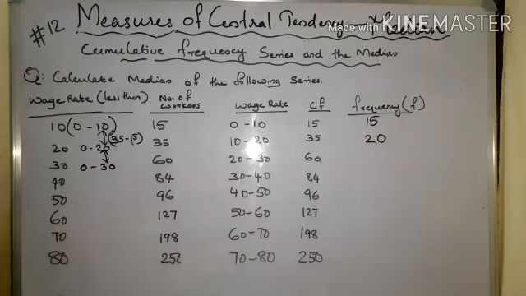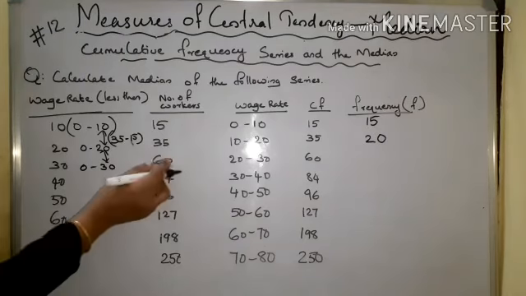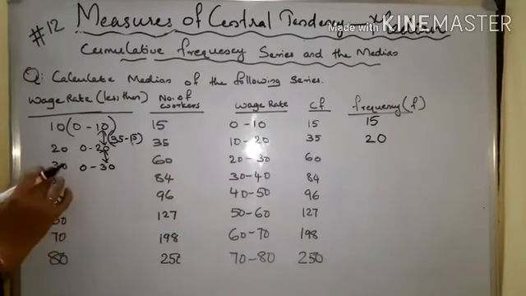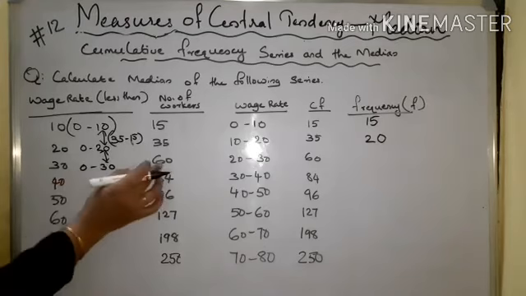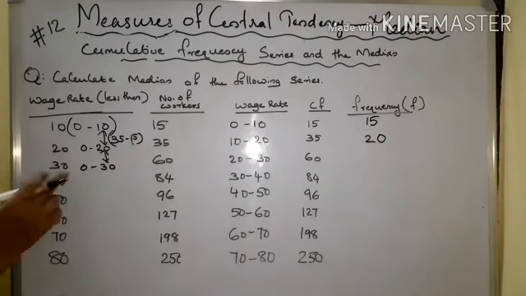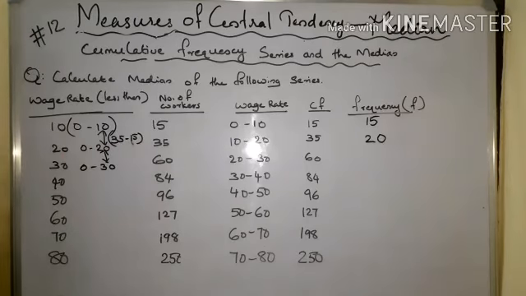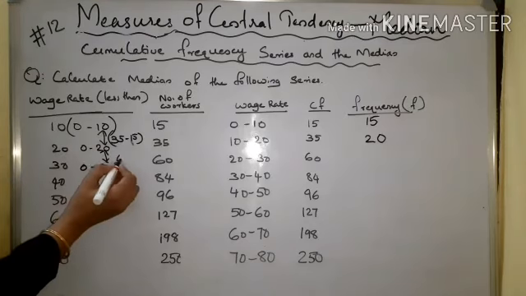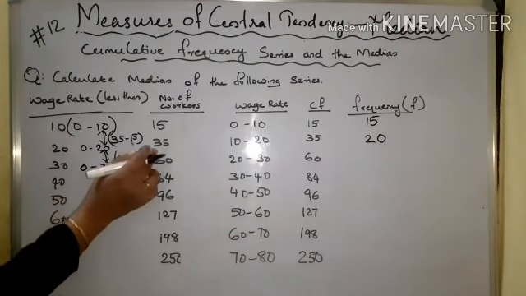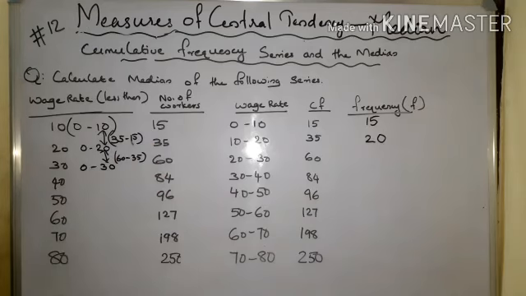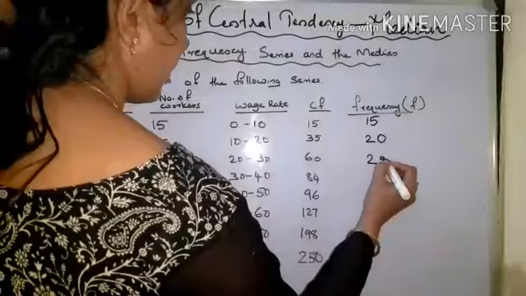We know 0 to 20 is 35. So 20 to 30 means 60 minus 35, which is 25. So the frequency is 25.